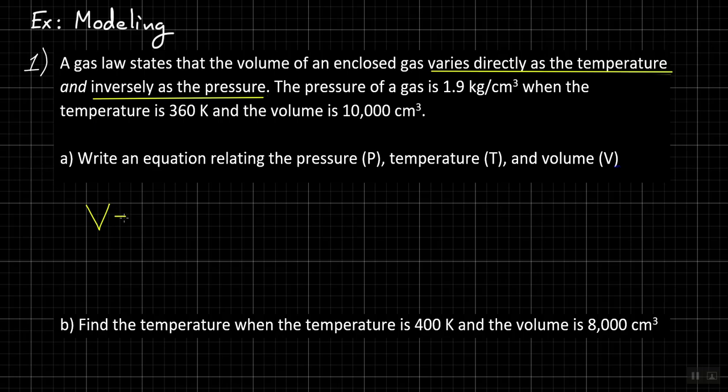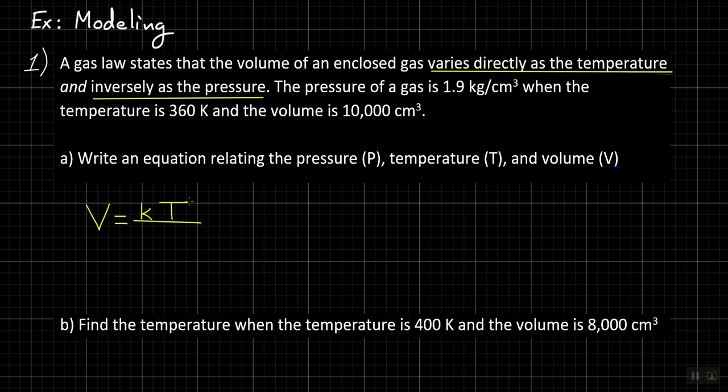Capital V is equal to. Now, I see that I have an inverse, so I'm going to have a fraction, right? So I'm going to make a fraction bar real quick. Directly as what? So I'm going to use my constant K, which we'll have to solve for. And it looks like it's T. Now, T representing temperature is capital T. If it's time, lowercase.